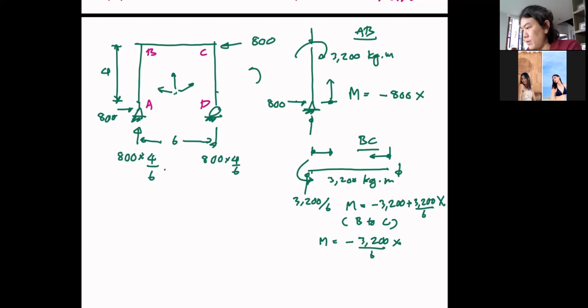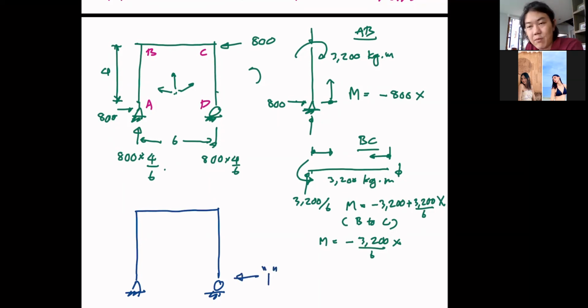Now, because I want to have the horizontal displacement at D, I would take this frame and apply the unit force here at D in the horizontal direction, because I want to know the horizontal displacement.